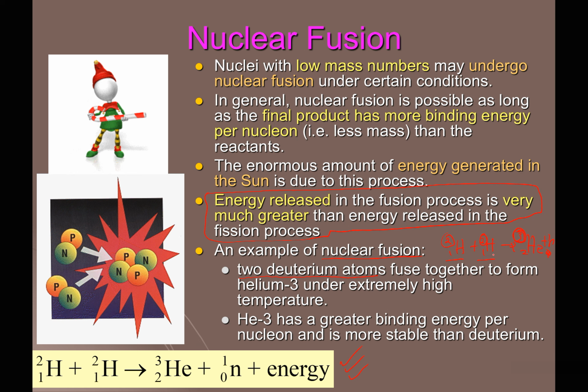So this now brings a problem. If they are both positively charged, then there is a problem. And what is that problem? Bringing the deuterium nuclei together to fuse in order to generate a helium nucleus would require vast amounts of energy, or they would require the deuterium nuclei to have a high kinetic energy.